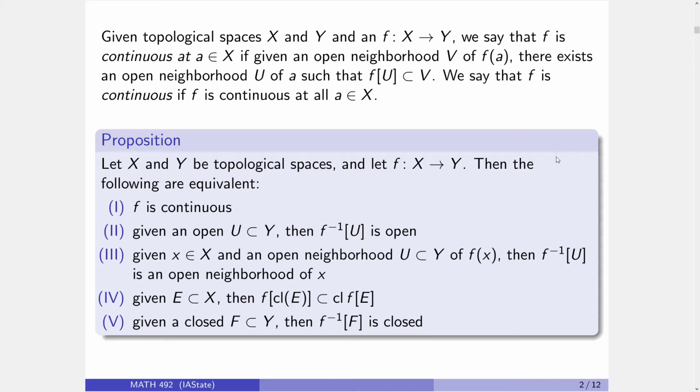So whenever I have a list of the following are equivalent, I always do 1 implies 2, 2 implies 3, 3 implies 4, 4 implies 5, and 5 implies 1, thus completing the loop, and thus everything is nice and equivalent. Sometimes you'll get textbooks where they say the following are equivalent, and we're going to prove 1 and 5 are equivalent, and then we'll prove that 2 implies 4, and then we'll apply that 4 and 3 are equivalent, and then we'll prove that 4 implies 1, and therefore everything is equivalent.